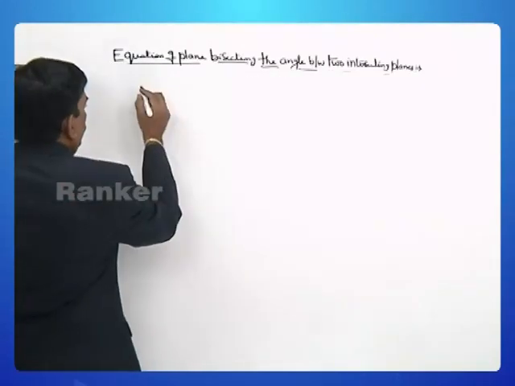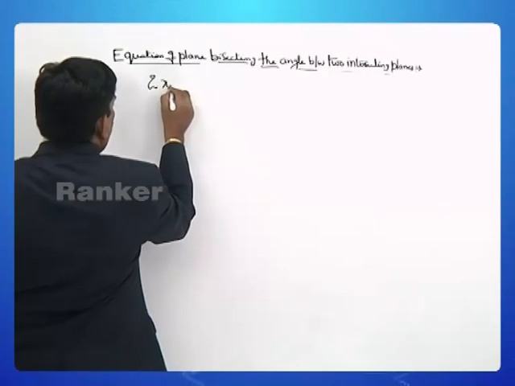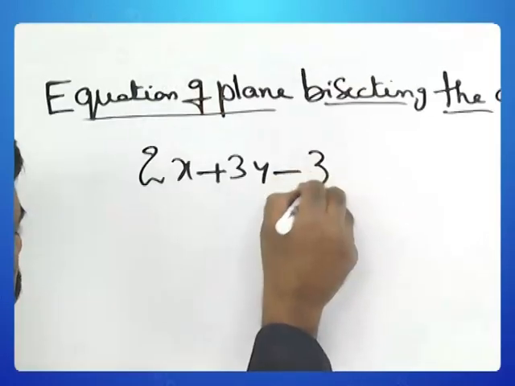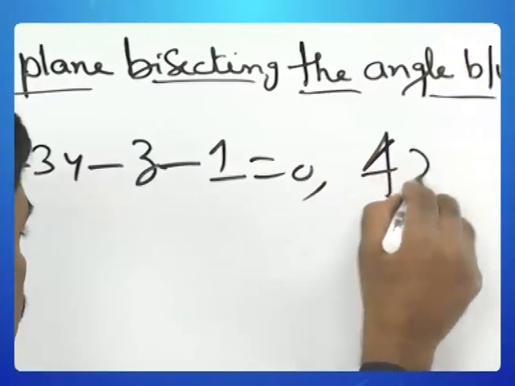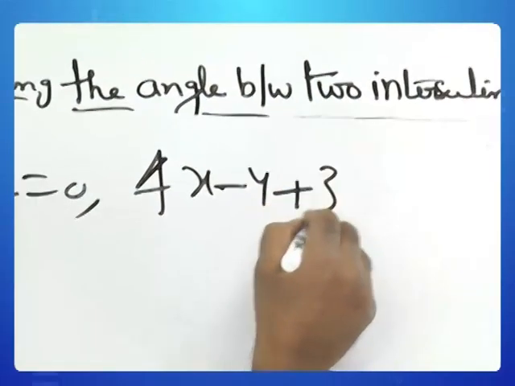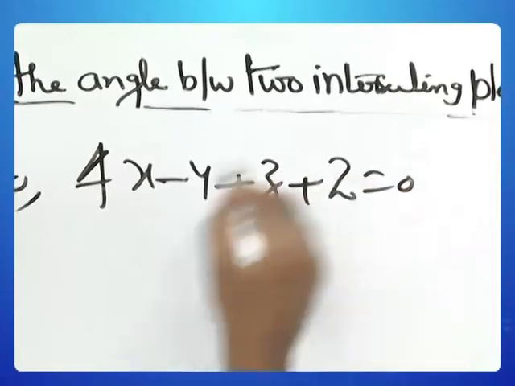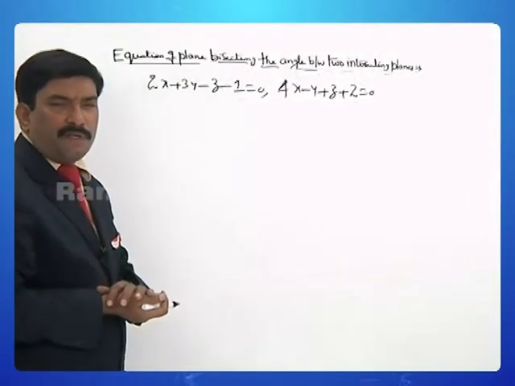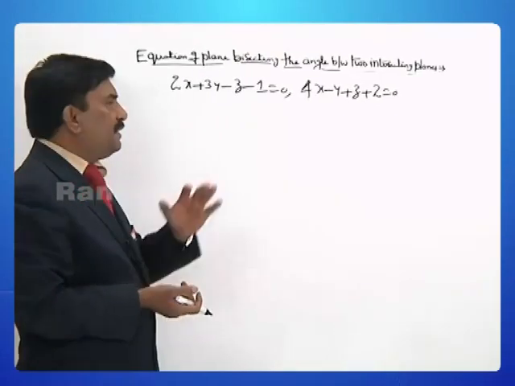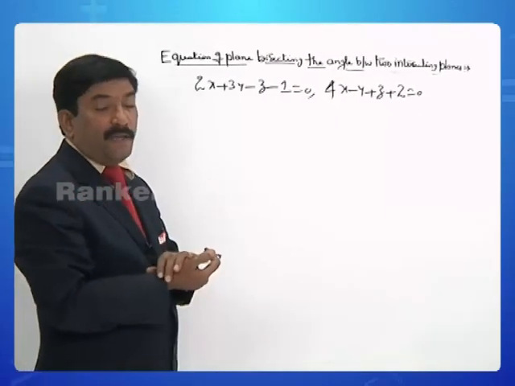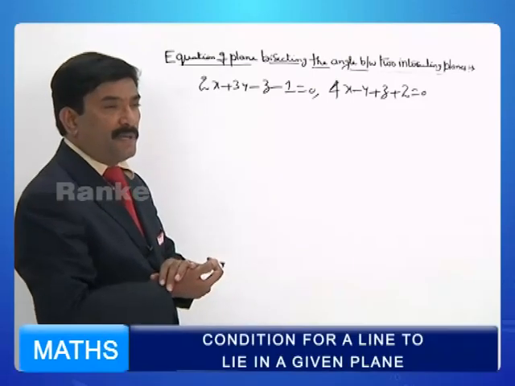Let us consider 2x plus 3y minus z minus 1 equal to 0, and 4x minus y plus z plus 2 equal to 0. These are the two planes. I want to find the bisector plane bisecting these two intersecting planes.